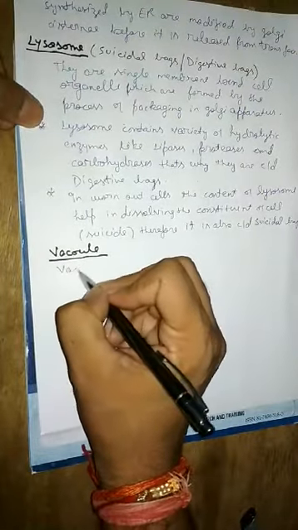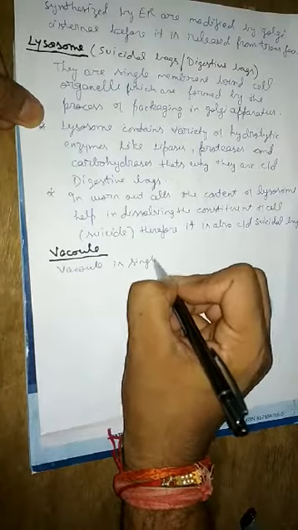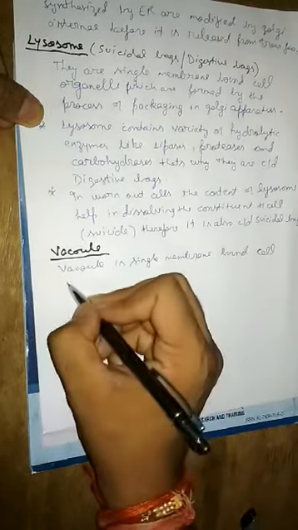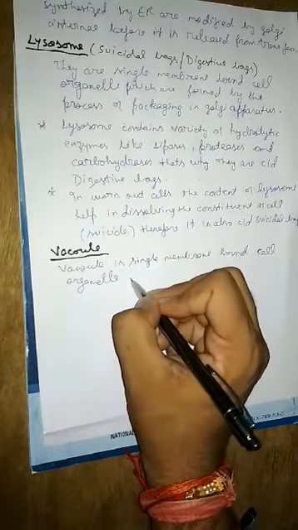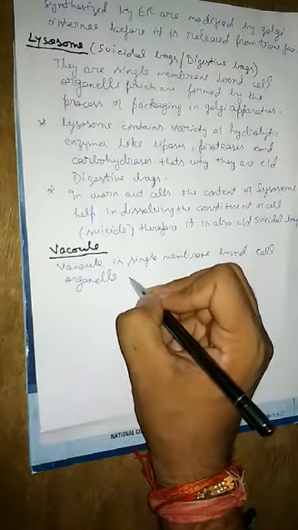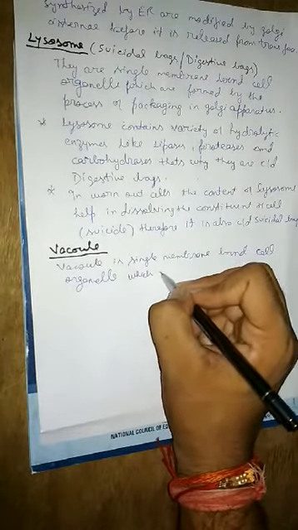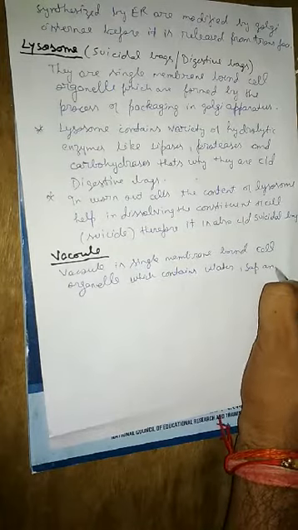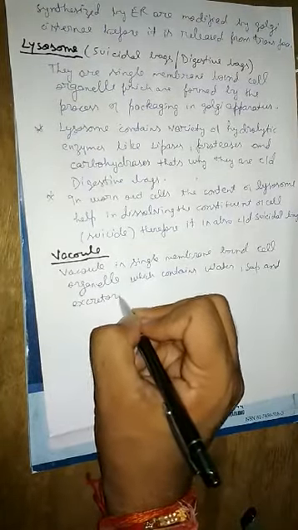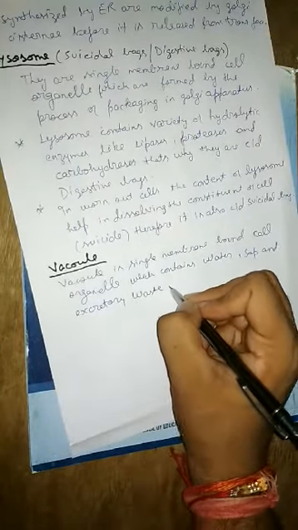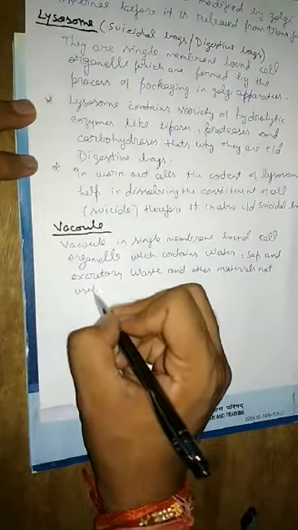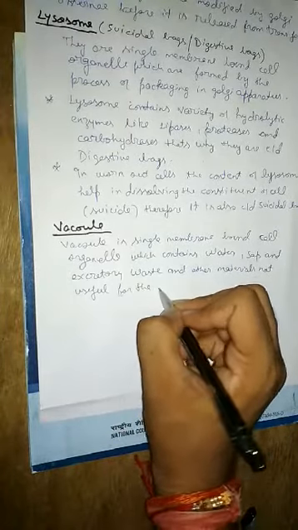So vacuole is a single membrane bound cell organelle which contains water, sap, excretory waste and other materials not useful for the cell.